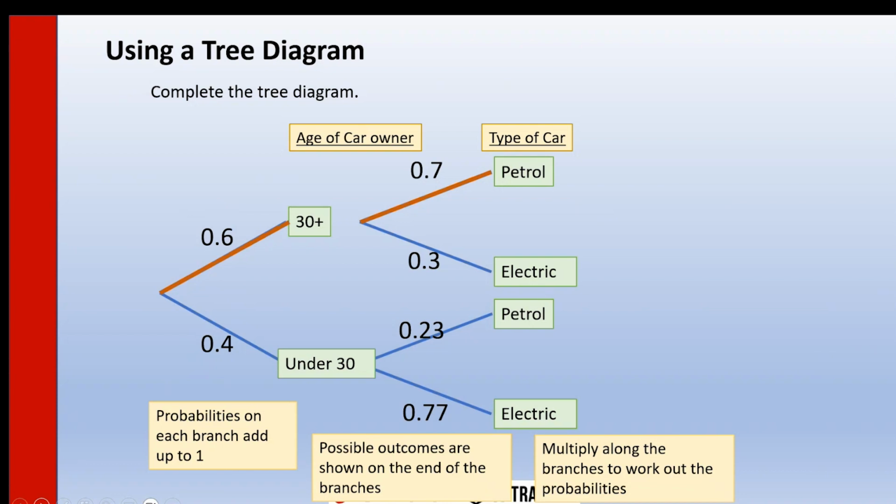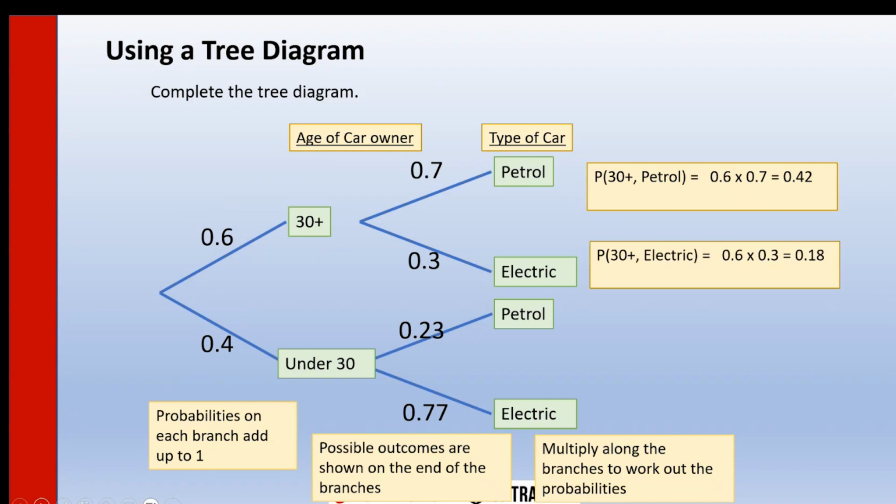And to work out probabilities, we multiply along the branches. So in this case, if we want to find the probability of finding somebody from this survey who was 30 and over and had a petrol car, we would multiply 0.6 by 0.7, and we got 0.42.